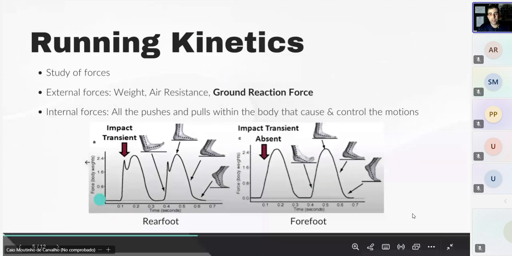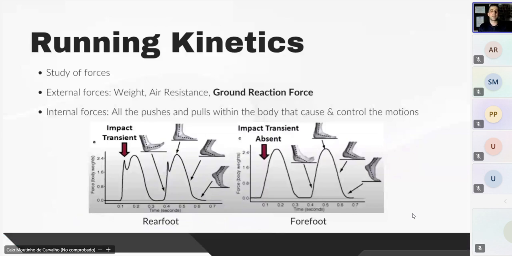And regarding the ground reaction forces, this is basically how we see the difference. If we're running rear foot, normally the first contact is a little bit stronger. So we see there's a difference on the rear foot. Again, as I said yesterday, on the landing for volleyball, we land firstly on the toes and then on the heels. That's why we have two peaks of ground reaction force. The same way here, if we're running rear foot, you put your heels first and then your toes, you also have two peaks of ground reaction force.